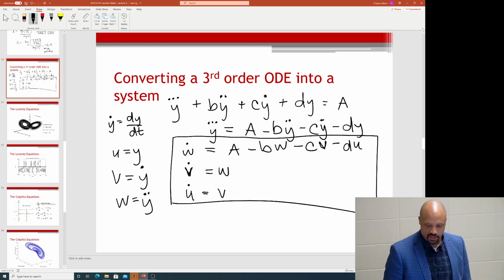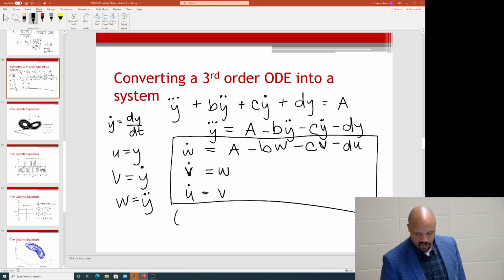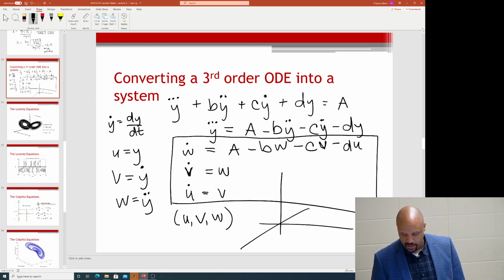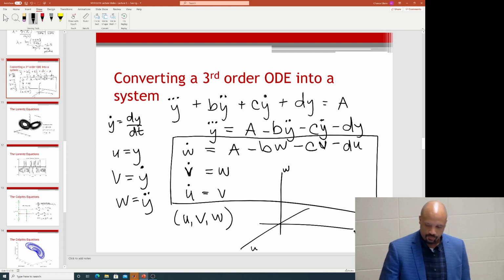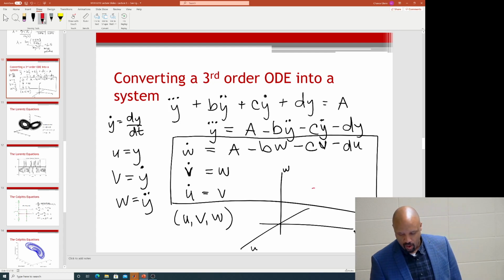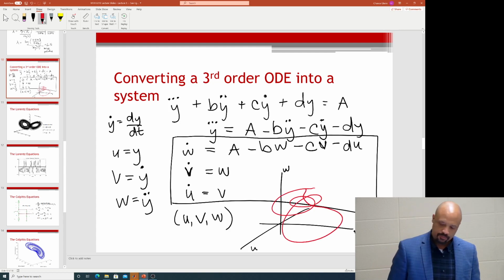This is your new system, which results in u, v, and w, which you could then plot in a three-dimensional state space, and call it u, v, and w. And if you have something going on there, then you can see it flow, right? Like that.